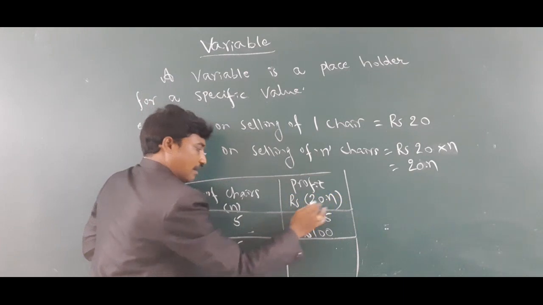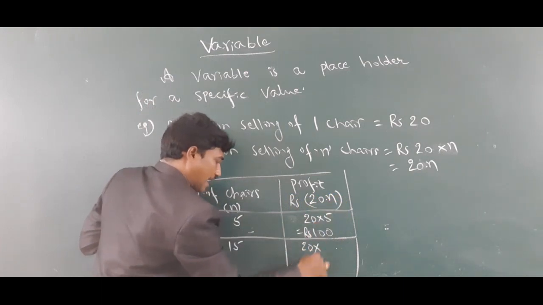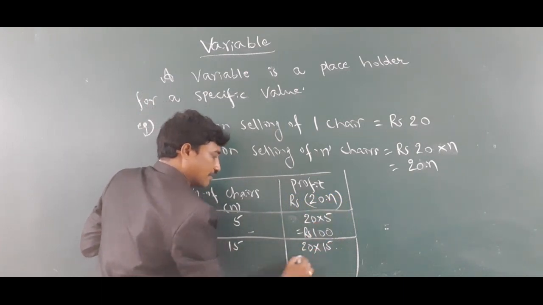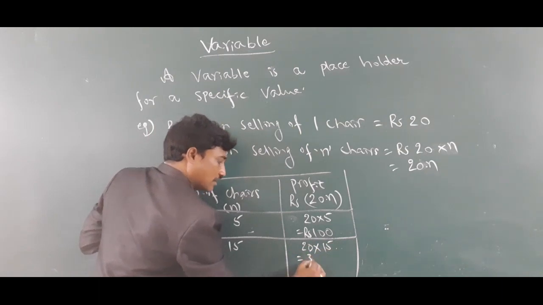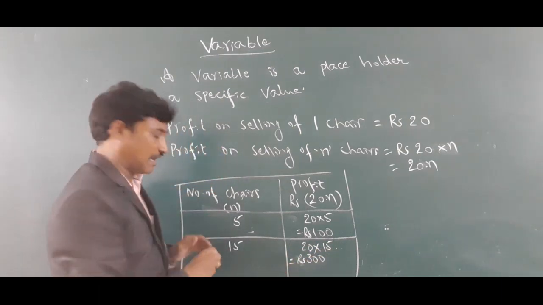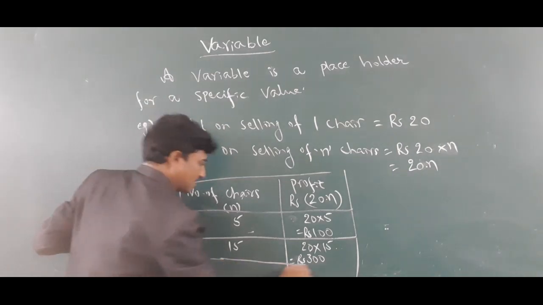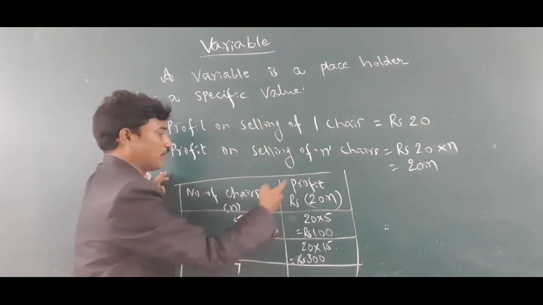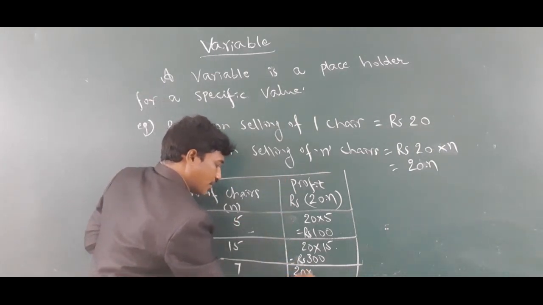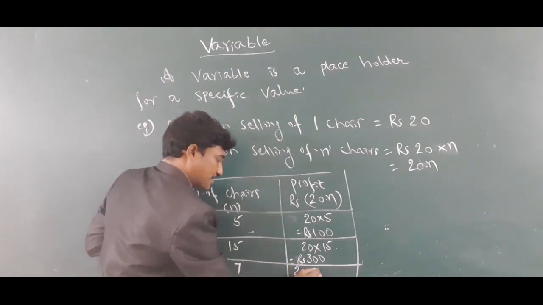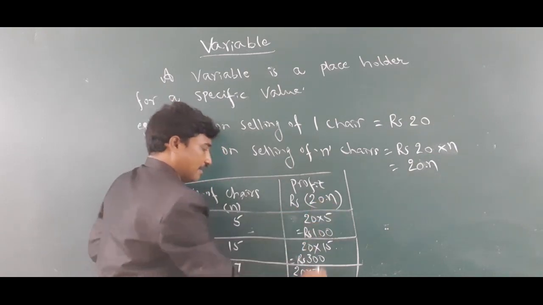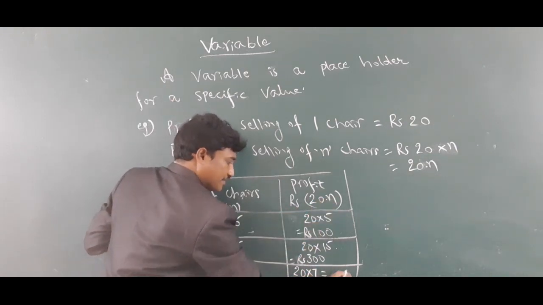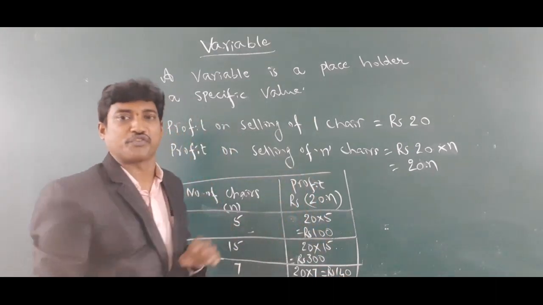So 20 into n value 15, that is 300 rupees. If we sell 7 chairs on that particular day, then the profit is 20 into n, that is 20 into 7, so that 140 rupees.